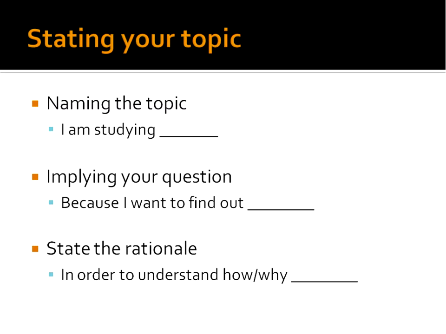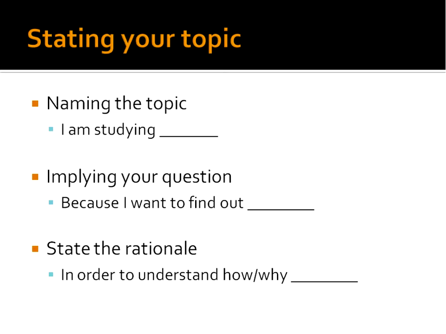And then also being able to state your rationale: in order to understand how, or in order to understand why, whatever it is. So, in thinking about submitting your research topic on Thursday, this would be a good way to say, I'm studying such and such because I want to find out this other thing in order to understand.